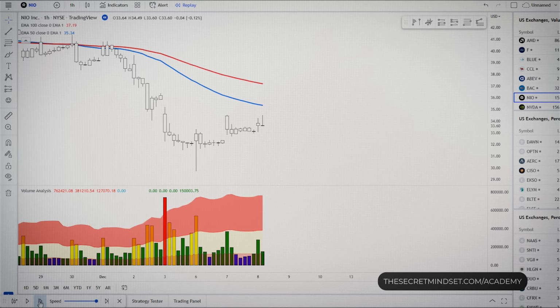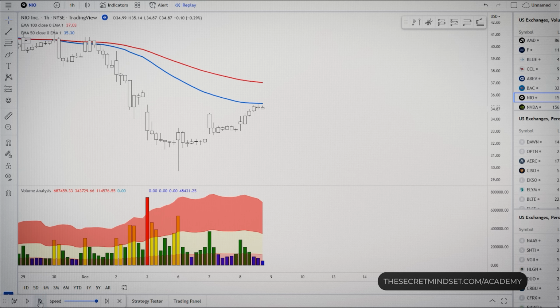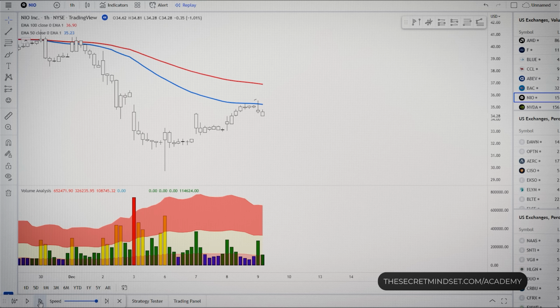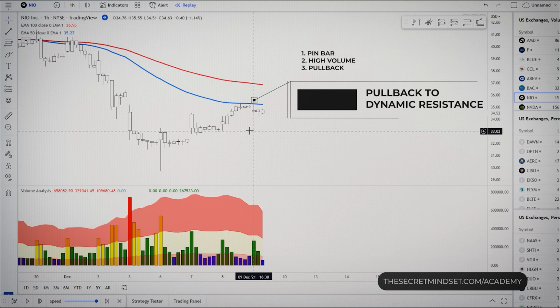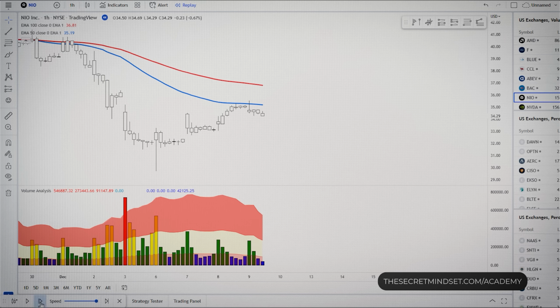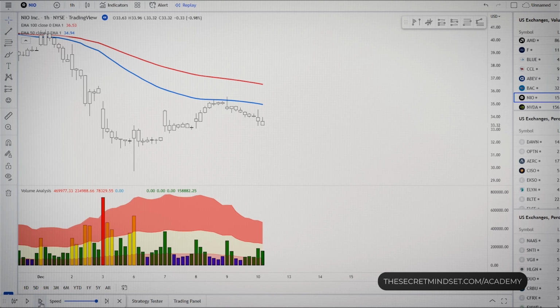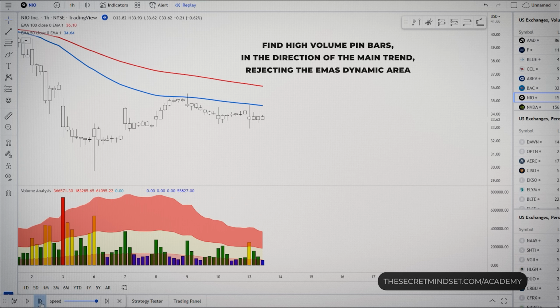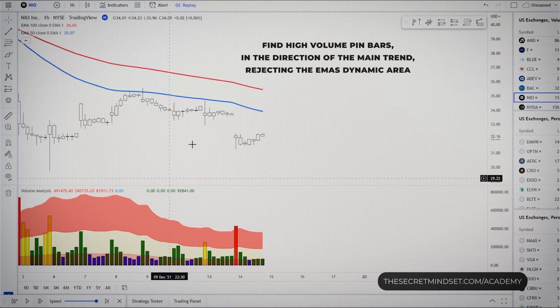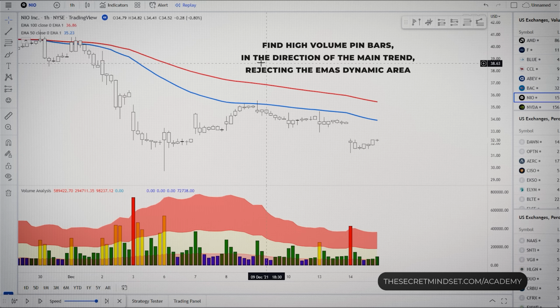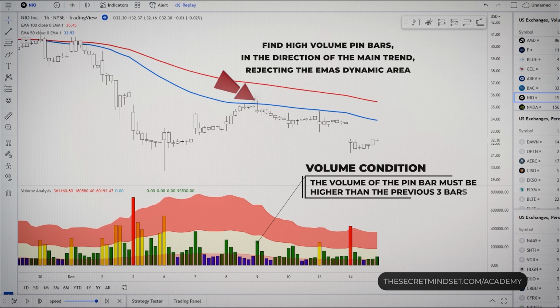Markets always have these pullbacks when trending, and these are great opportunities for you to get into a trade before the market resumes its trend. The area between the two EMAs is the sweet spot for our entries. You want to find high volume pin bars in the direction of the main trend, rejecting these levels. The volume of the pin bar must be higher than the previous three bars.